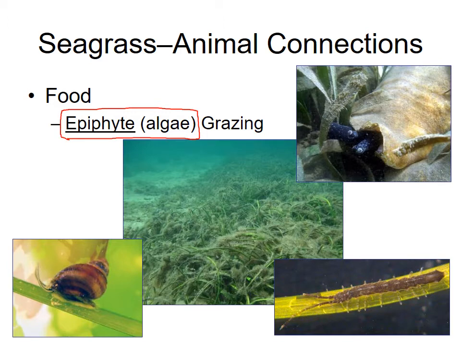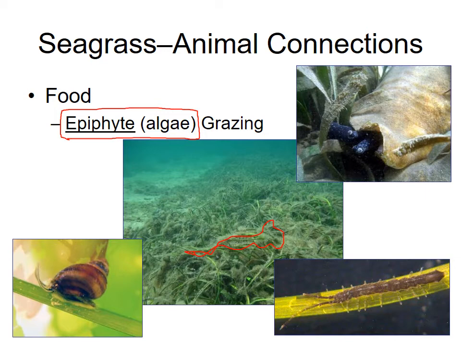So here you can see a seagrass bed that looks like it's covered in brown scum, and that brown scum is epiphytic algae growing on the seagrass blades, which is actually a more nutritious food source for many grazers than the seagrass itself because the epiphytic algae has a lower carbon to nitrogen ratio, so it's got more proteins and easily usable nutrients than the seagrass does. So many organisms basically ignore the seagrass itself, but they graze the epiphytes off of it.